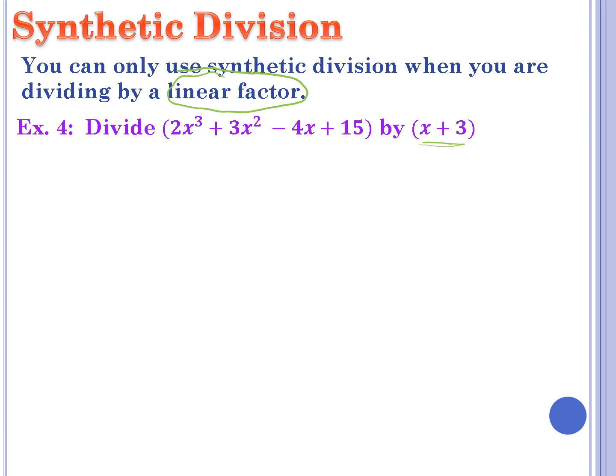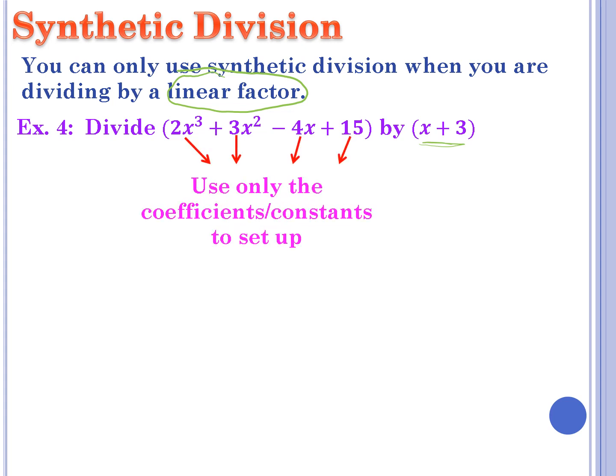So I look at my dividend, x cubed, x squared, x, 15. There's no missing terms, so I don't need to put a 0 in. Now, when you synthetically divide, again, you're only messing with the coefficients. So let's take this step by step.